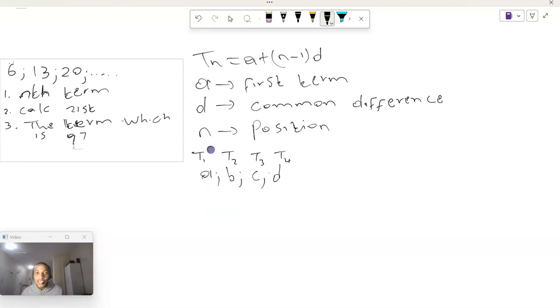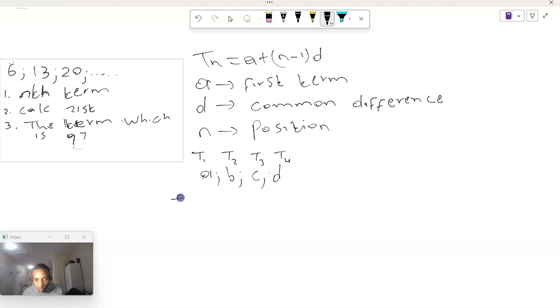To get the common difference, represented by the letter d, you just say T2 minus T1, T3 minus T2, and T4 minus T3.